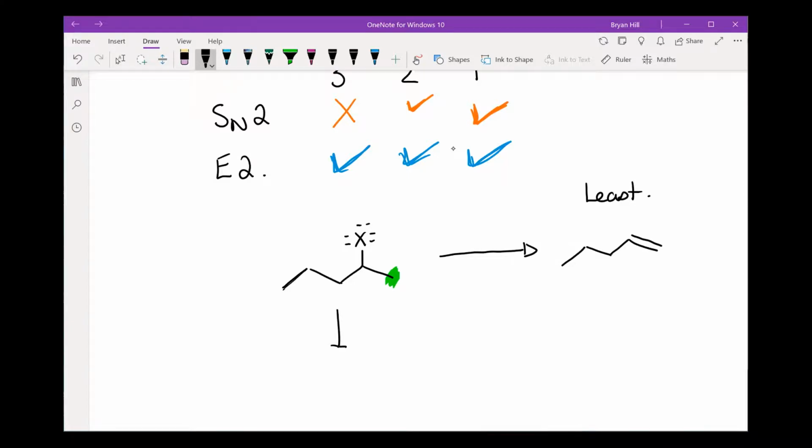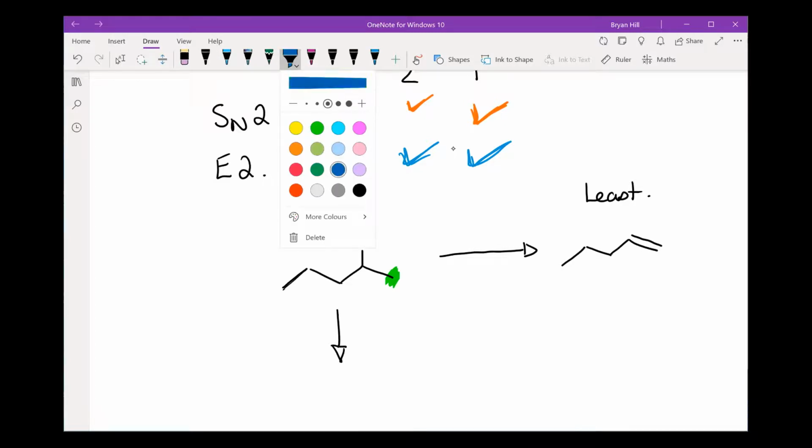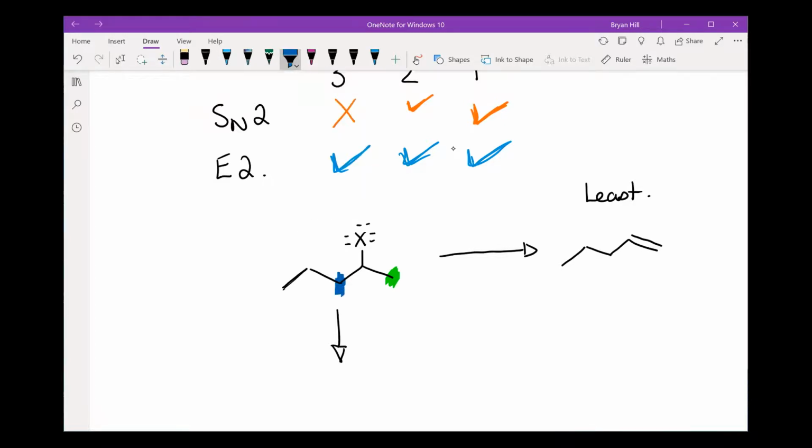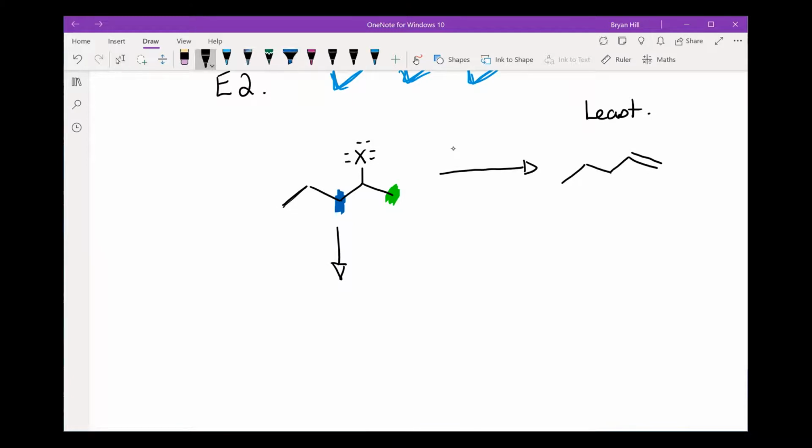Or you could remove one of the 2 protons from, say, this carbon, and you would make a double bond that is more substituted. So one of these is technically a kinetic product. One of them is a thermodynamic product. So this one would be the kinetic, and this one would be the thermodynamic.